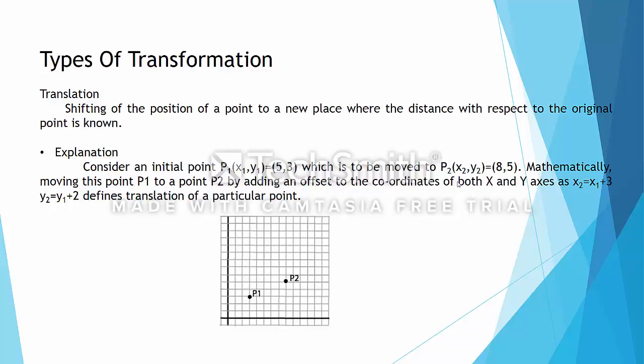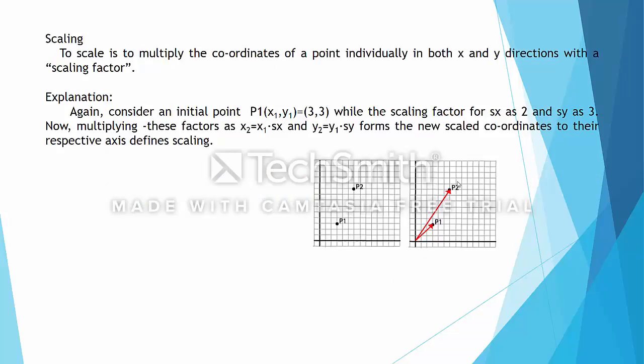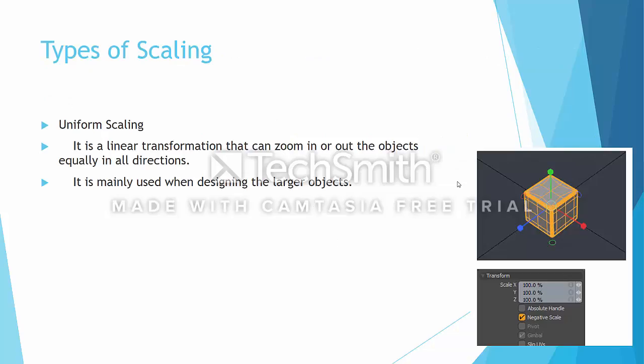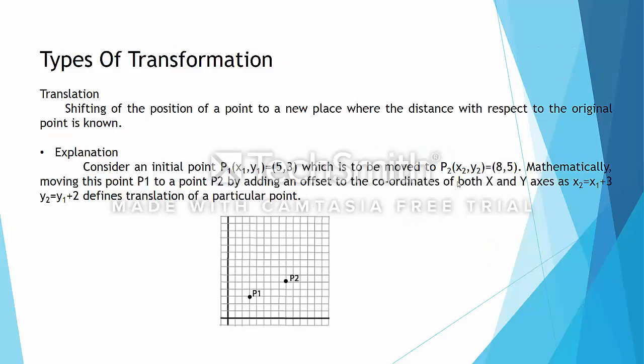We want to move a point P1 to a new position P2. Let's say P1 has coordinates (3, 5) and it is to be moved to P2 that has coordinates (8, 5). We formulate an equation: x2 equals x1 plus something and y2 equals y1 plus something.